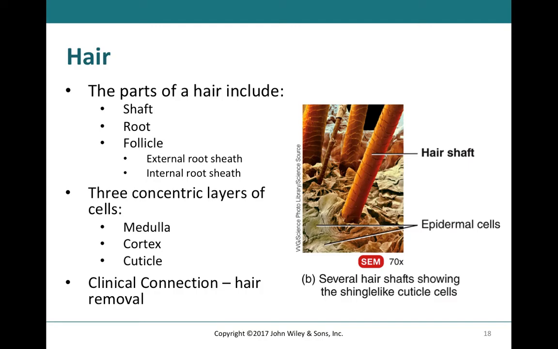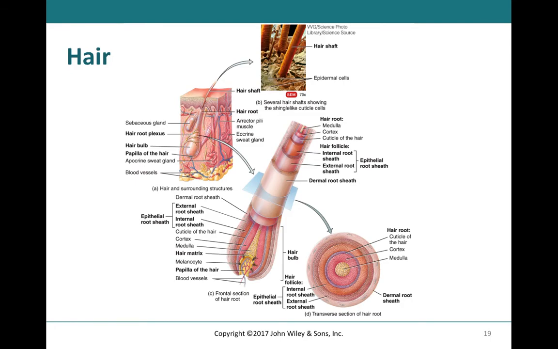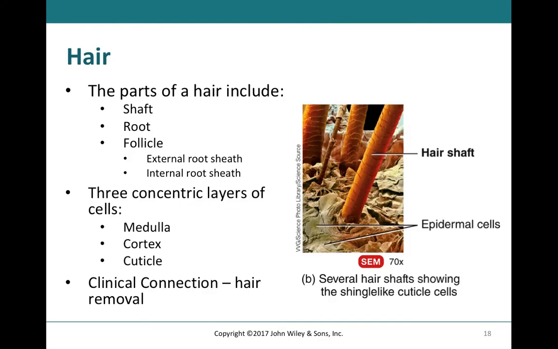Now, with hair, we also associate our sebaceous or our oil glands and our erector pili muscles and root plexuses. With hair, you can remove hair many different ways, but 2 that we'll talk about here clinically would be depilatories and electrolysis.